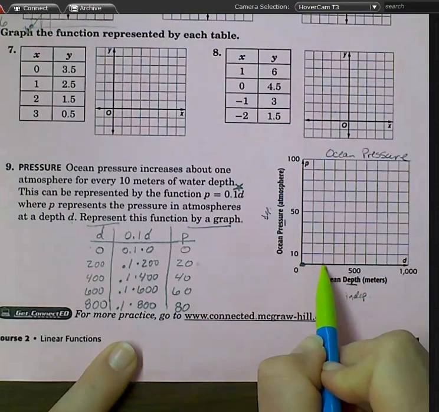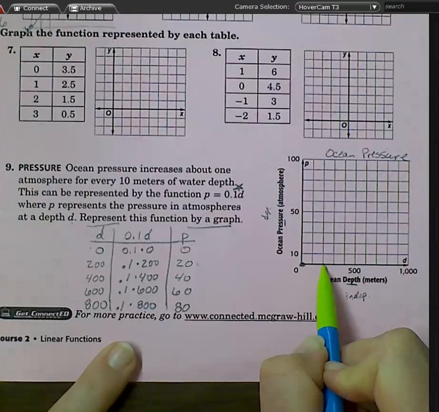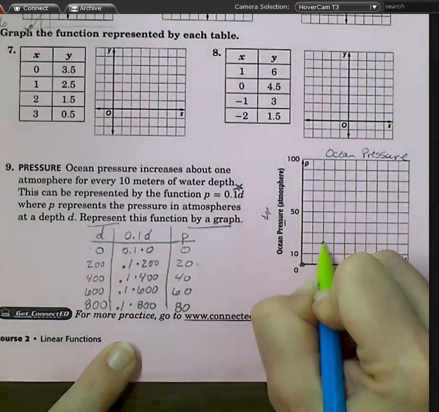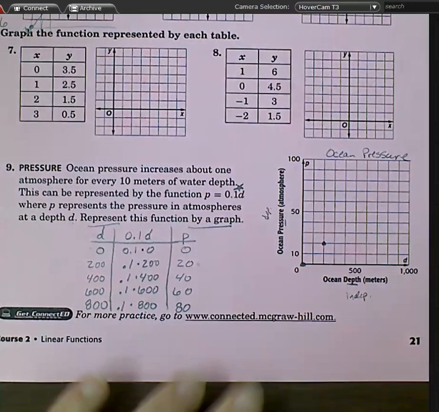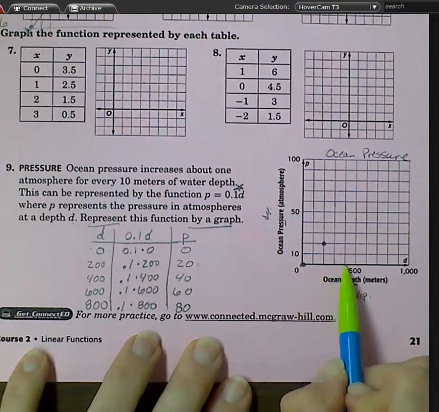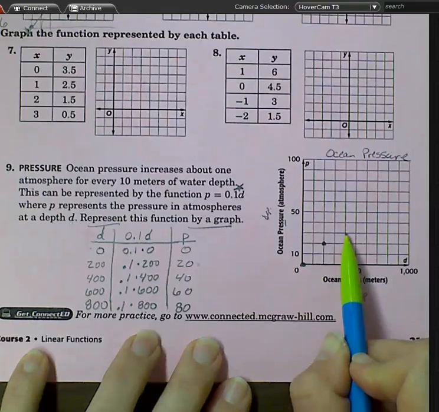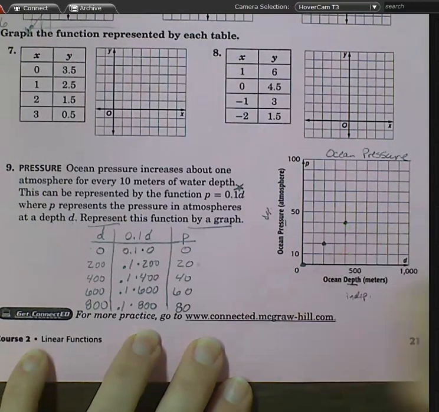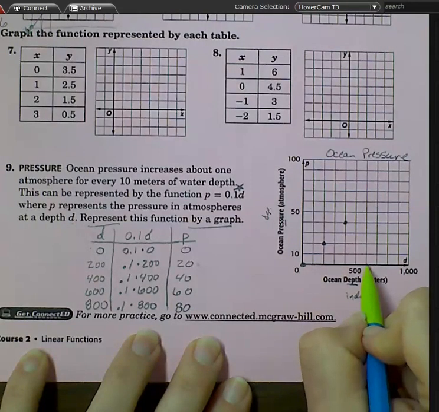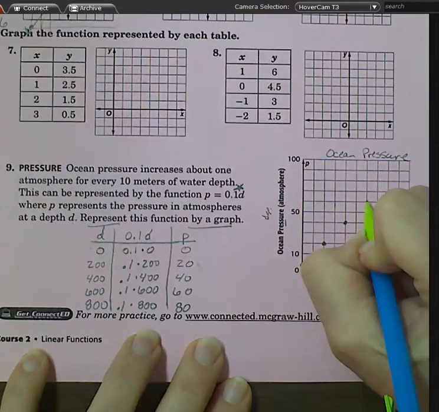No. Every one of those is 100. And then I find where 20 is. And that's right in the grid. We picked really good numbers because they're in the grid. Then I go over to 400 and go up to 40. 60. What are you noticing?